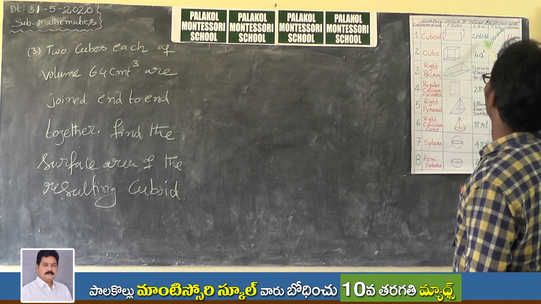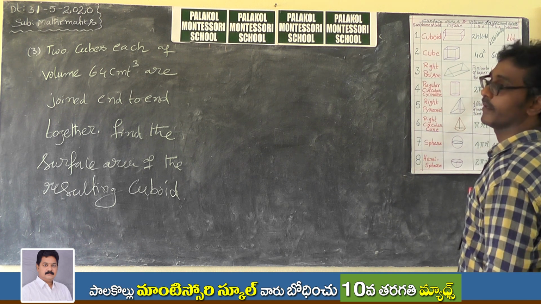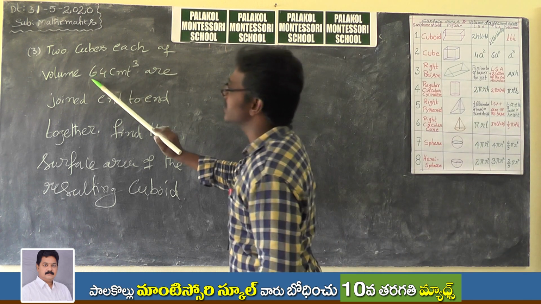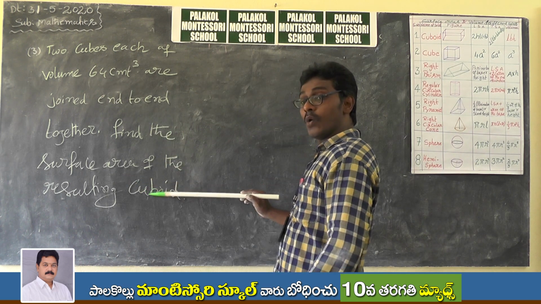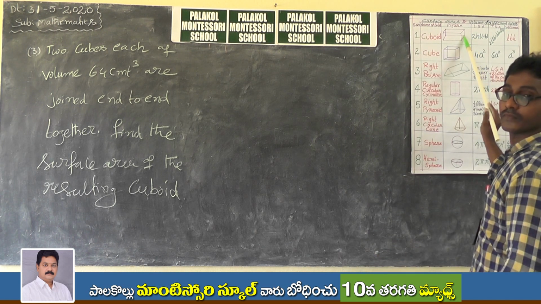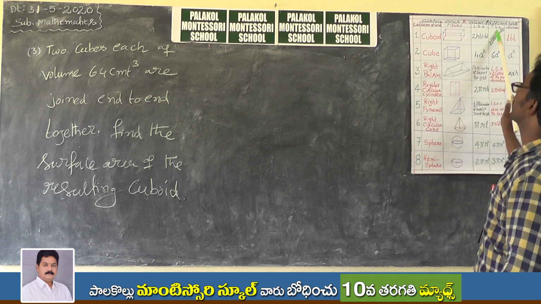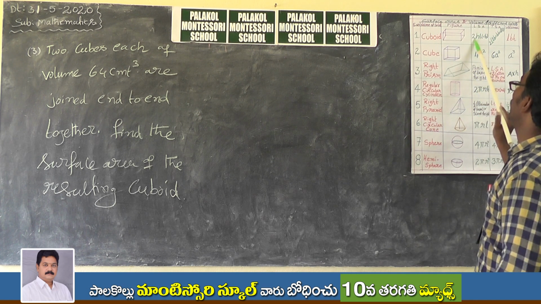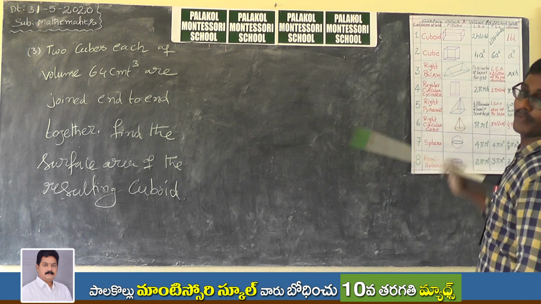First one, cube volume: volume of cube is equal to a cube is selected, because each one's volume is given. Next, the cuboid lateral surface area and total surface area formulas are selected.